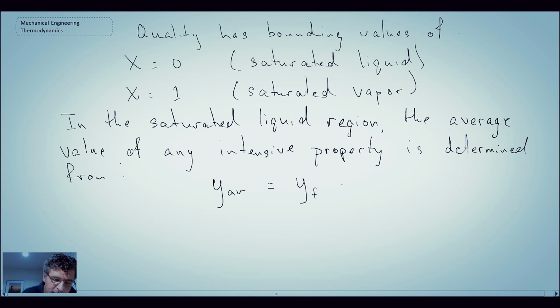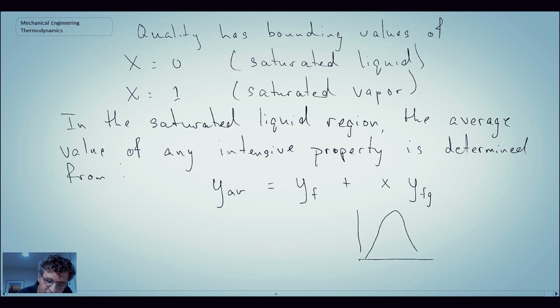It's going to be the liquid property plus the quality times the difference between your saturated vapor and the saturated liquid values. That's why we present the difference in the charts. With that, you can evaluate the properties at a point somewhere in the middle.